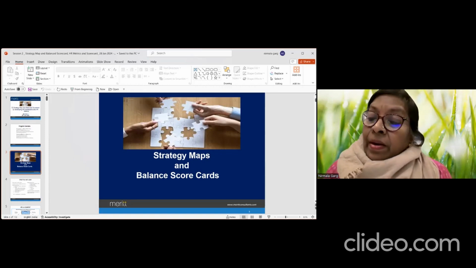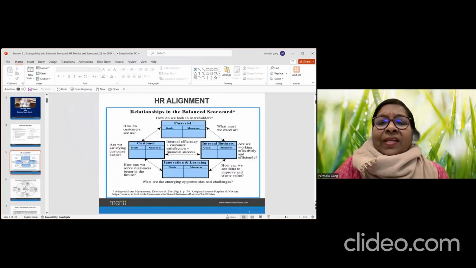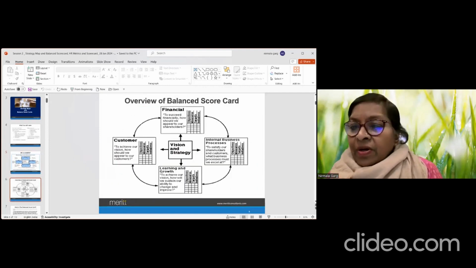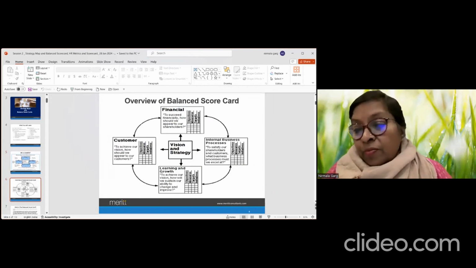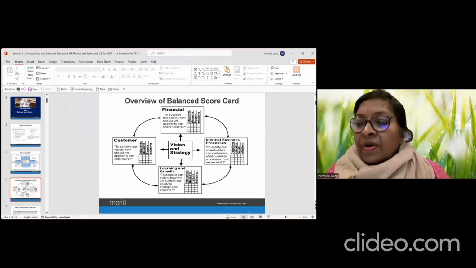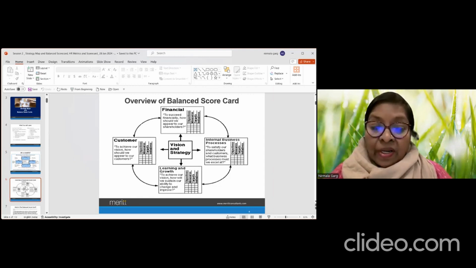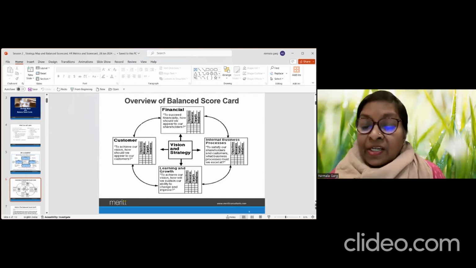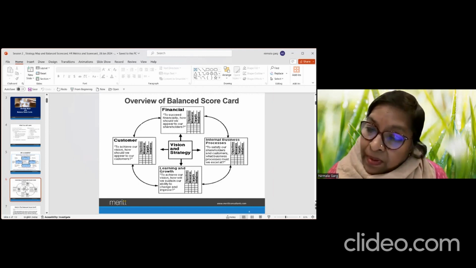Now, what is a balance scorecard? It looks like this. Let us first get an understanding, because I'm assuming most of you may be hearing it for the first time, though some of you must have heard of it. I know somebody is already tracking it, but most organizations feel it's very complex, when actually it is very simple.